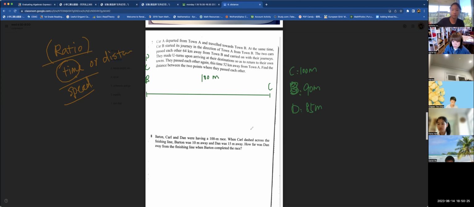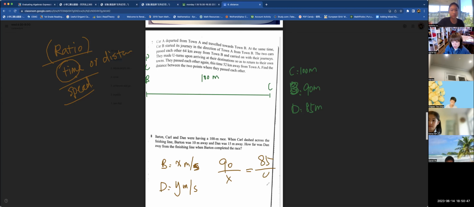So let's take a look at this one. You can do it this way: suppose Barton's speed is X meters per second, and Dan's is Y meters per second. Then 90 divided by X should equal 85 divided by Y, correct, everybody?